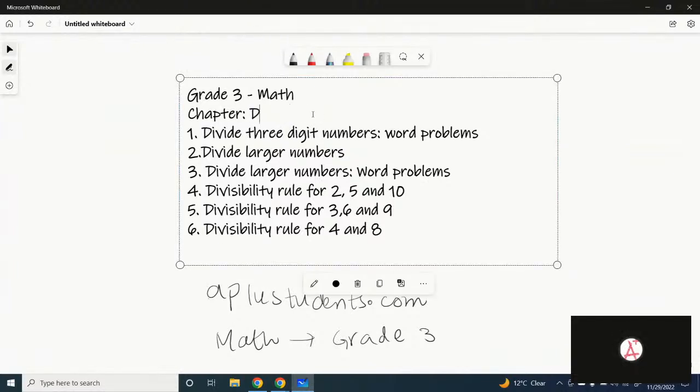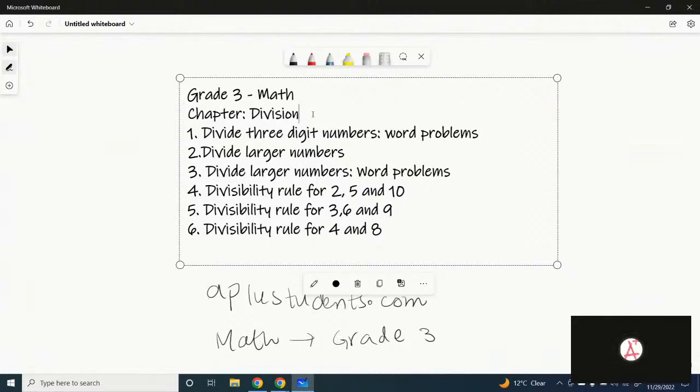Got it? Okay. The chapter name is division. And here is the list of the lessons we are going to cover today. Got it? They are divide three digit numbers, word problems, divide larger numbers, word problems, divisibility rule for 2, 5, and 10, divisibility rule for 3, 6, and 9, and divisibility rule for 4 and 8.